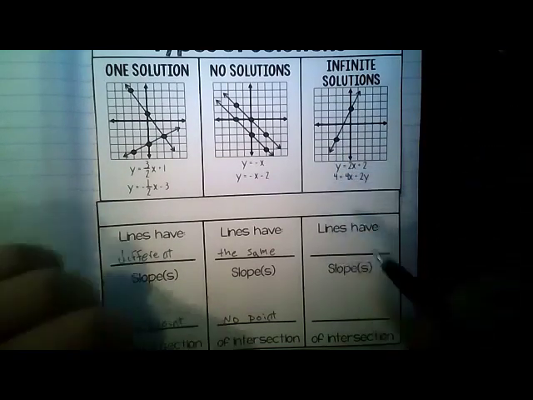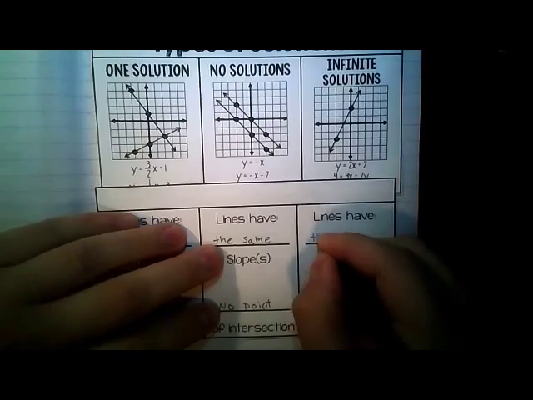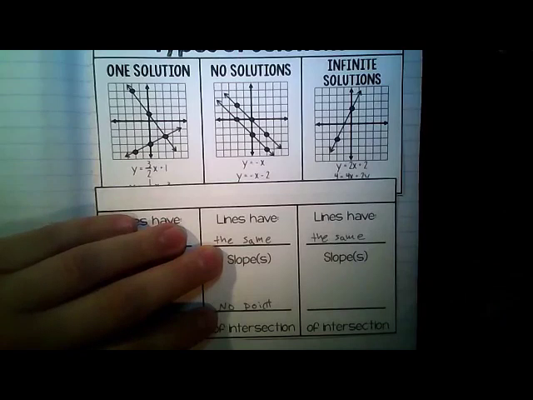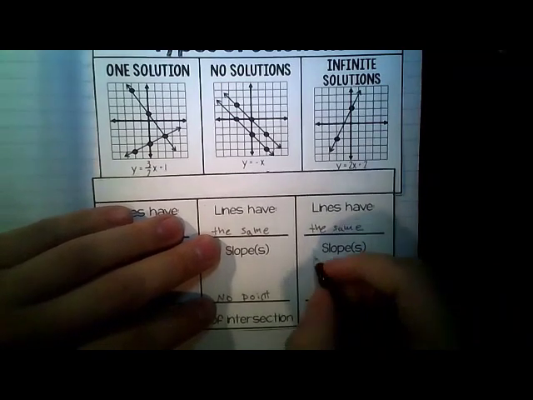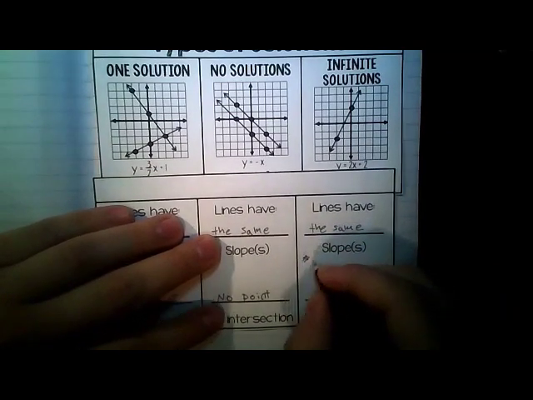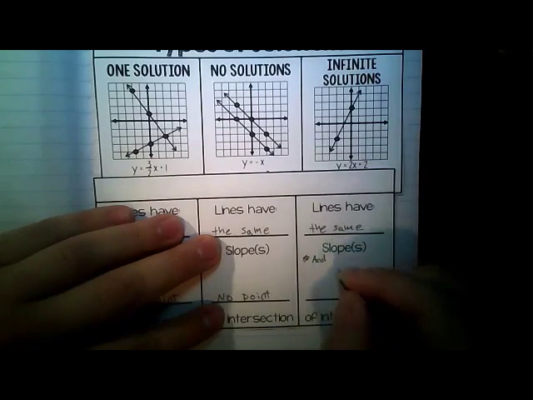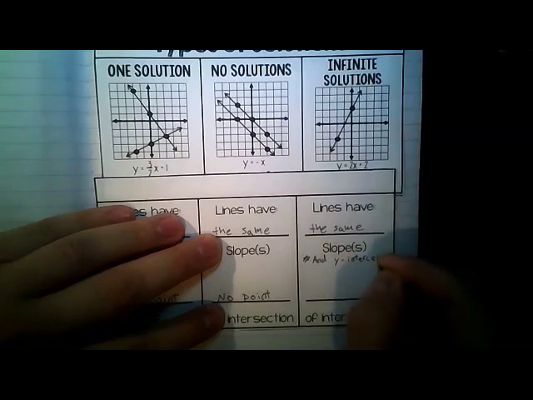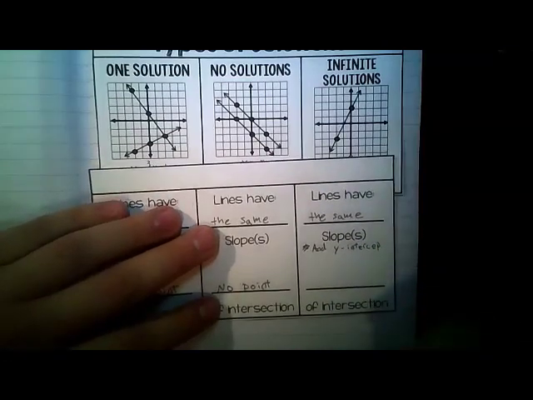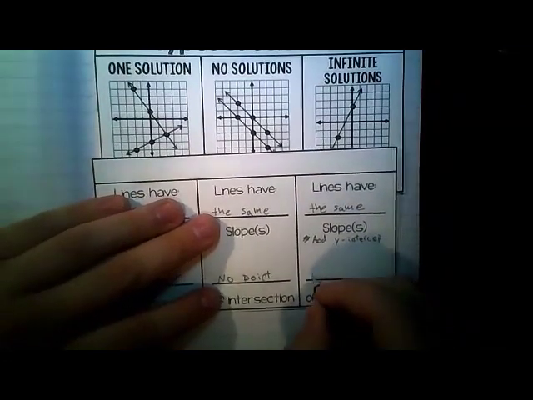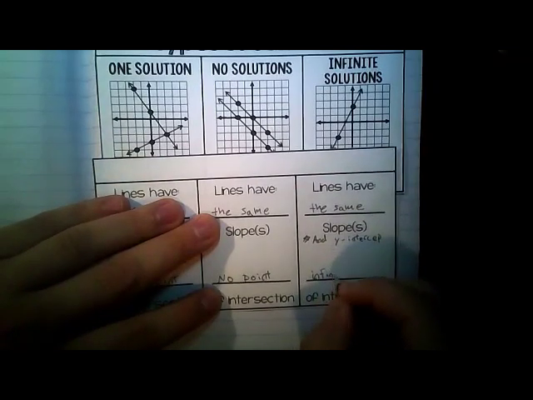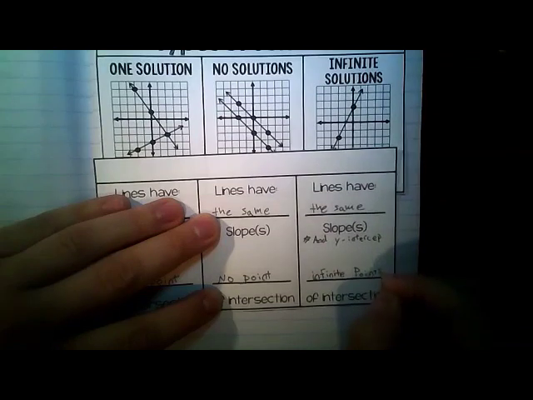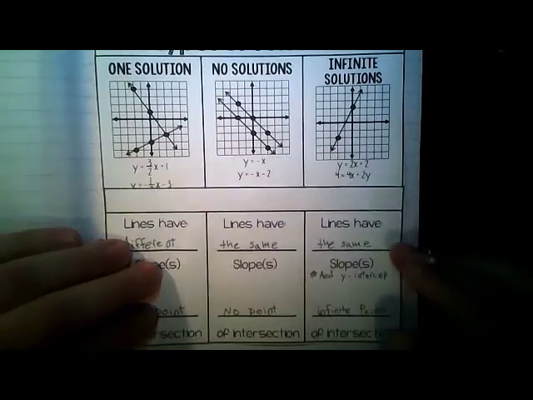So lines that have the same slope, okay, and I want you to put like a star here, and y-intercept. Okay, well, those have infinite points of intersection.